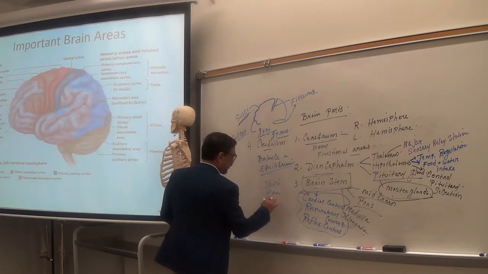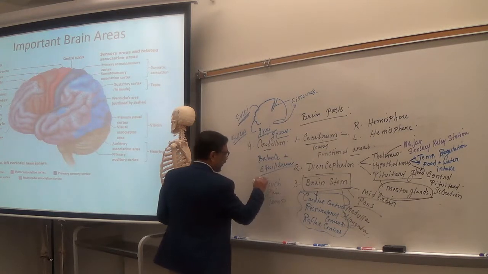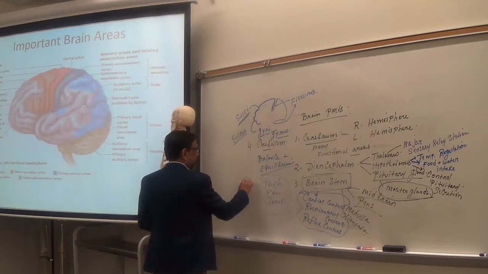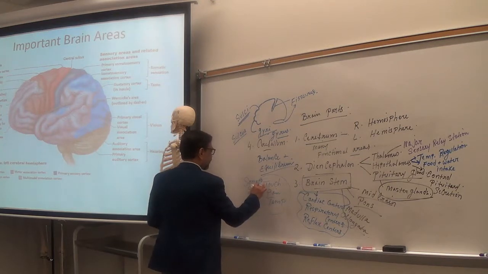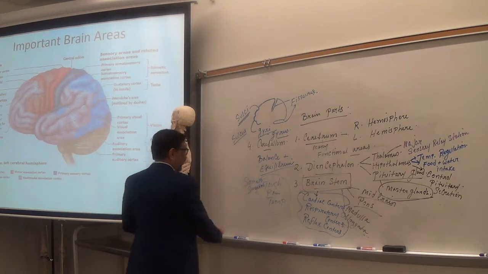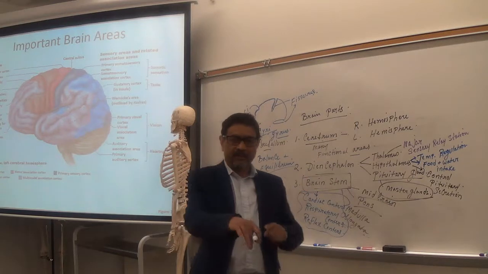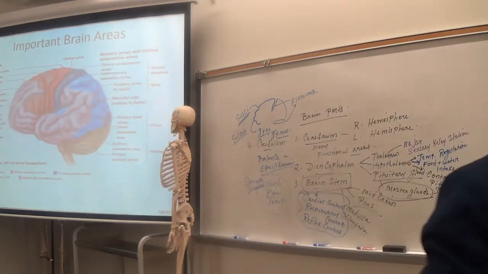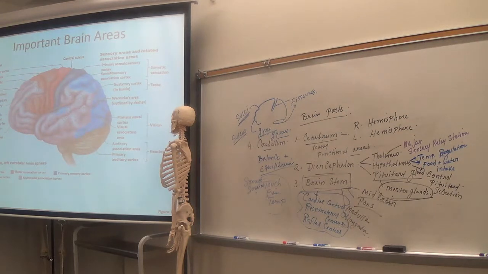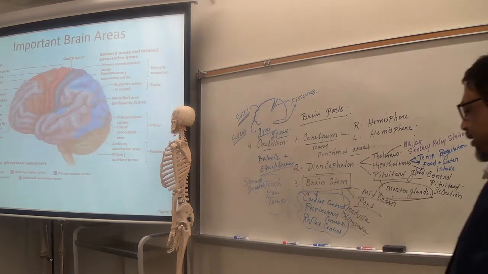These are called somatosensations. So, from your skin, for example, those signals go to the primary somatosensory cortex. Since it is sensory, it receives the signal.